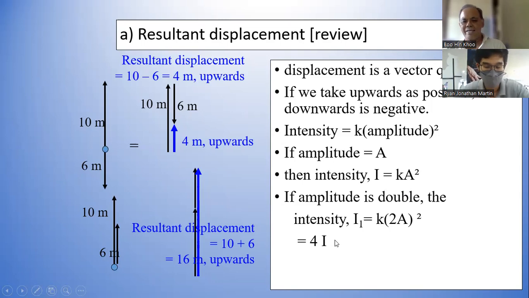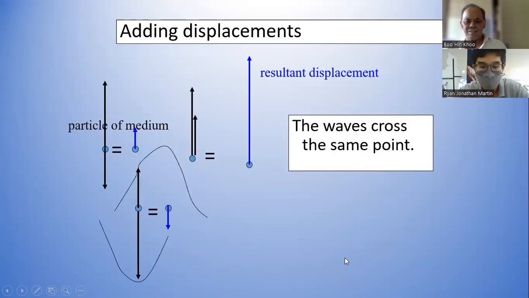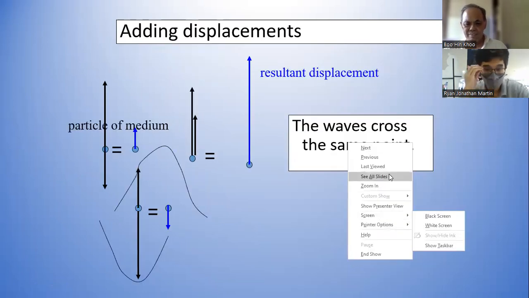So you have 4kA squared, your kA squared is your I, so you get 4I. Okay, but if you can work mentally, it's easier. Two times, square that is 4I. Okay, so you won't bother about that anymore.